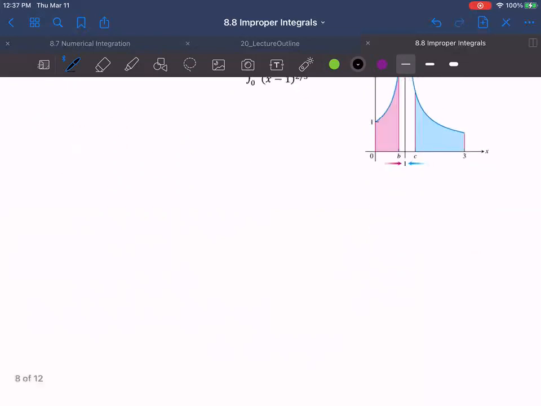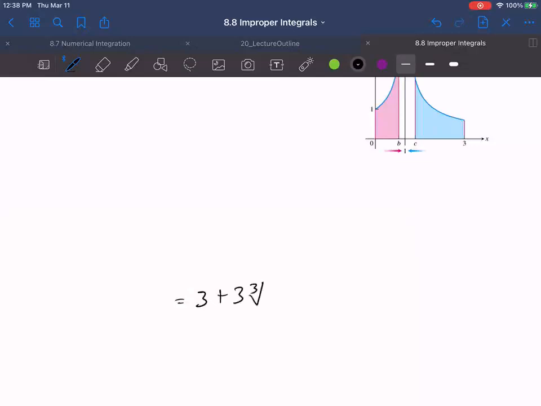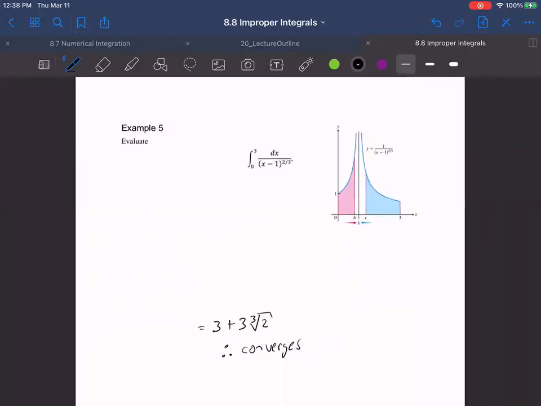And you should equal 3 plus 3 cube root of 2. So this one converges. But try that one. There's what your answer should be. Split it up into two things and try it.